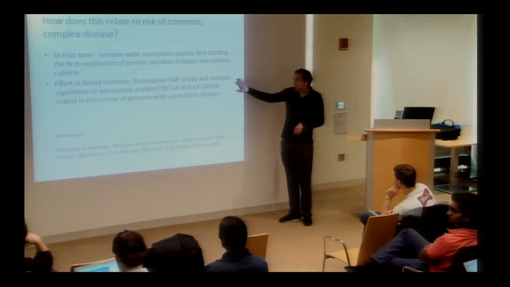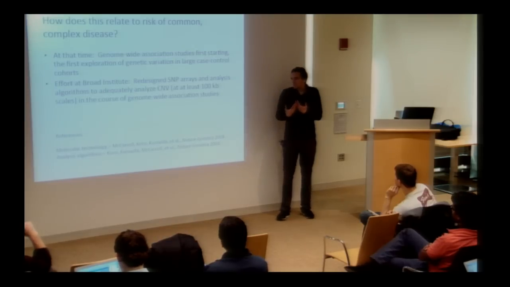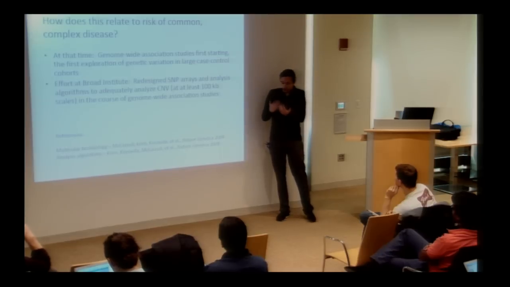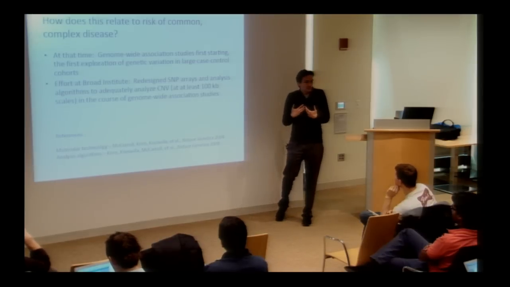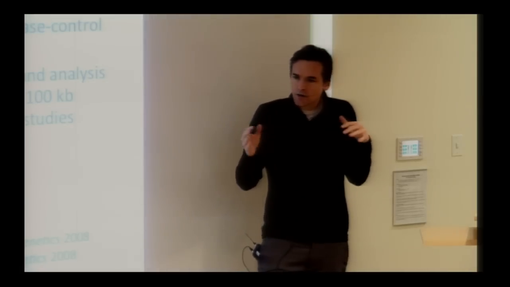What we did was redesign SNP arrays and analysis algorithms so that you could adequately analyze copy number variation in the course of doing these genome-wide association studies. One of the reasons you needed to redesign SNP arrays was that they hadn't been designed with analysis of copy number variation in mind. So we populated them with more equally spaced assays that would give you access to all the different genomic regions.